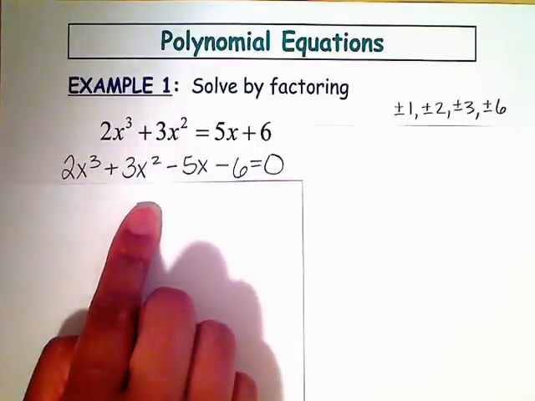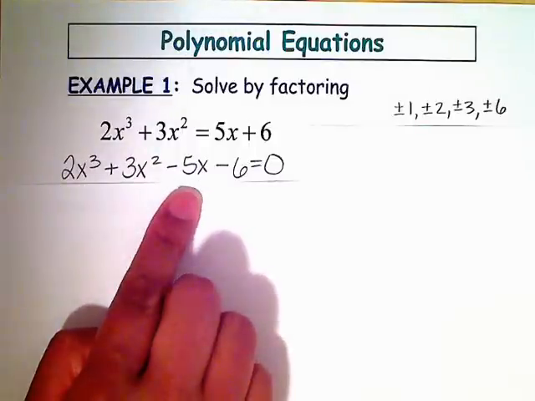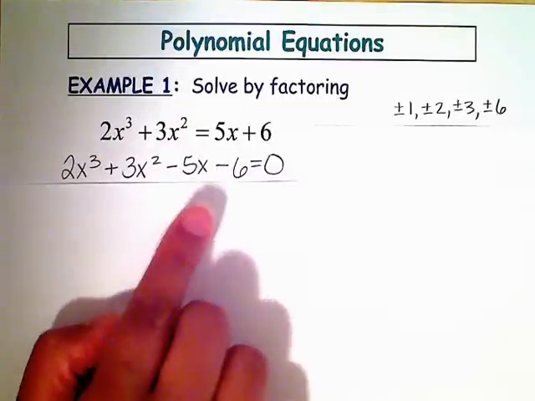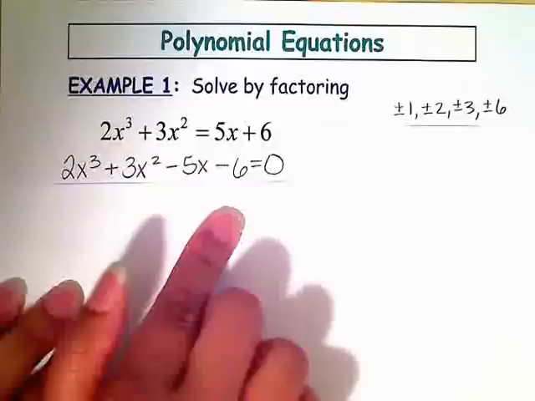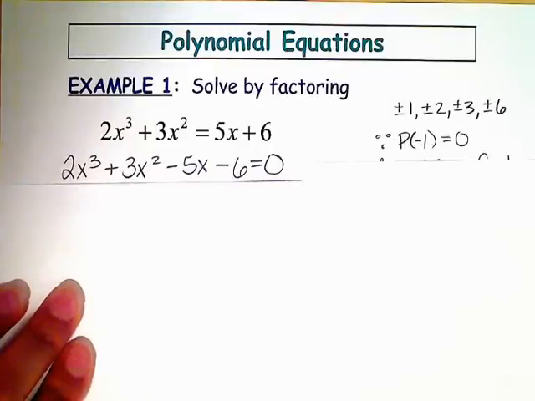Then I have negative 5 times negative 1, which will give me positive 5. 1 plus 5 is 6, and then 6 minus 6 is 0. So I know that x equal to negative 1 is going to give me a result of 0. So what that tells me is p of negative 1 is equal to 0, and so what that means is that x plus 1 is a factor.